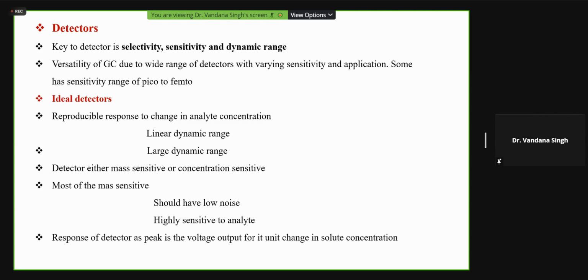Better selectivity means that if compounds which have similar properties are hitting the detector, then the detector should be able to differentiate between them.